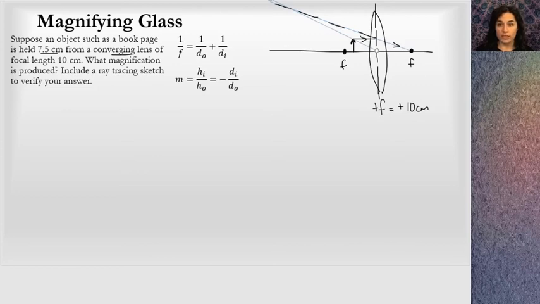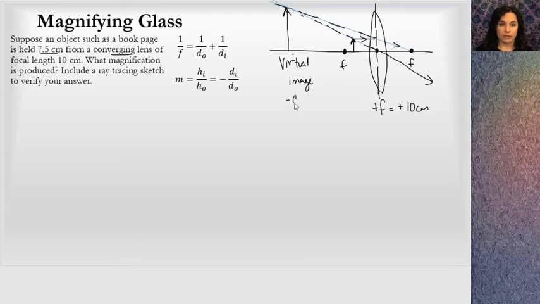The ray will continue forward, and what we're seeing is that these two rays that I just drew do not meet together on this side of the lens. They actually converge on the back side. And so these are the extensions of the light rays behind the lens. And so what we're going to note is that this is a virtual image.